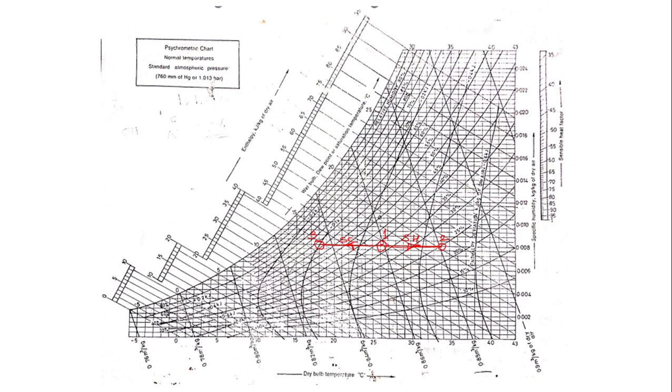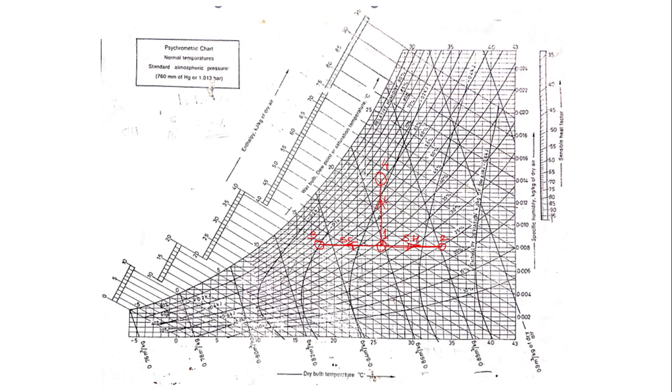So if I am going to keep the dry bulb temperature constant, it means the line will be vertical, and specific humidity increases. Okay, so here you can see towards upward, the specific humidity goes on increasing. So let's say this is the initial point, point number 1. From point number 1, if I go for the humidification process, the process will be something like this, up to this point, let's say the point number 4.